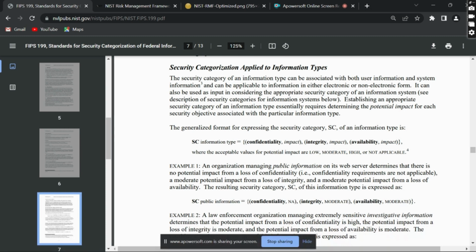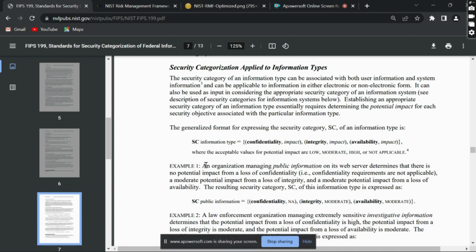So in this way, we are going to use confidentiality, integrity, and availability to categorize the system. Those are the security objectives. And then the impact on the system is what we are going to pair with them. So when you come here, this is the general format for expressing the security categorization.